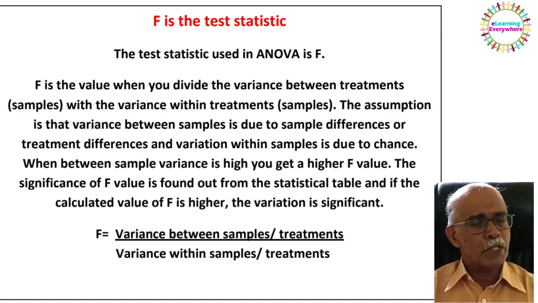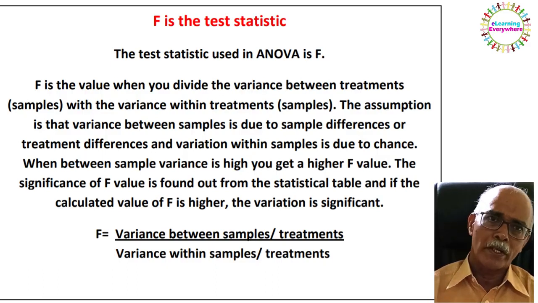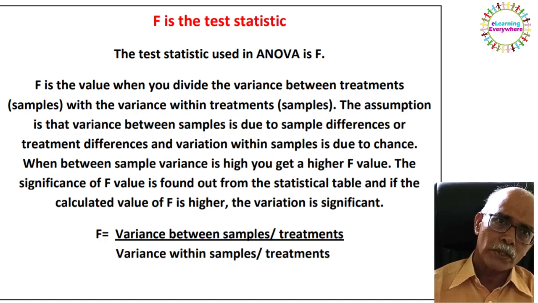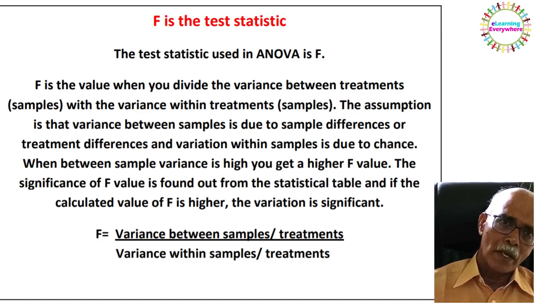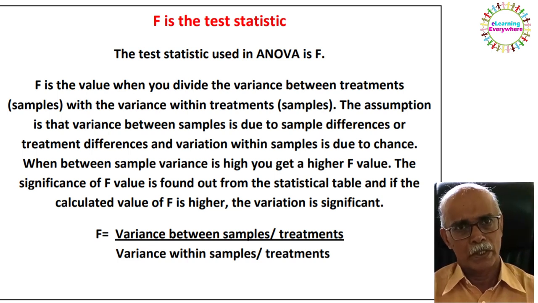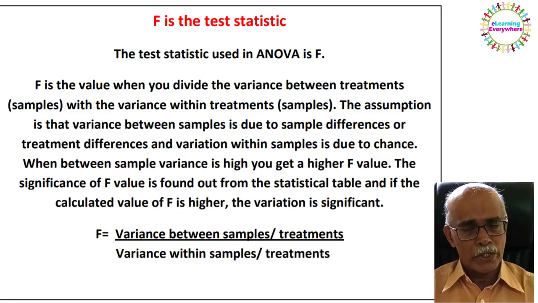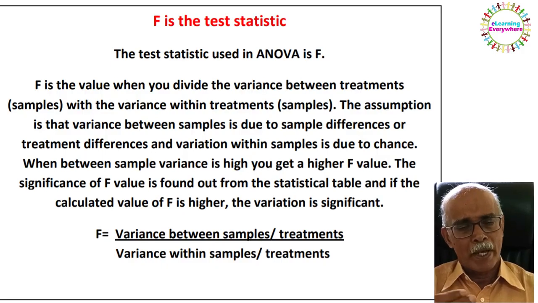And simply speaking, F is the ratio between the variation shown by different samples and the variation shown by a single sample, or the variation within the sample. So it is a comparison.